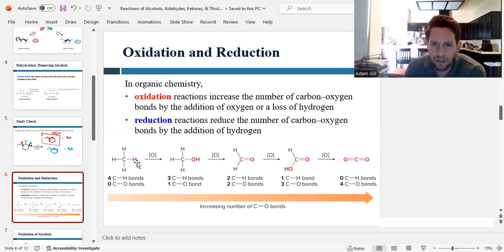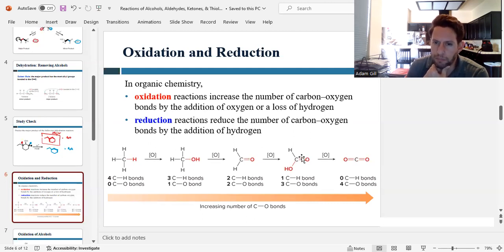And so here are 5 different carbon compounds showing varying states of oxidation. On the far left, we have the fully reduced form of carbon. And on the far right side, we have the most oxidized form of carbon possible. 4 bonds to oxygen, carbon dioxide.